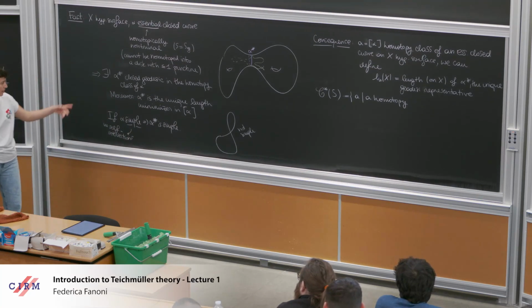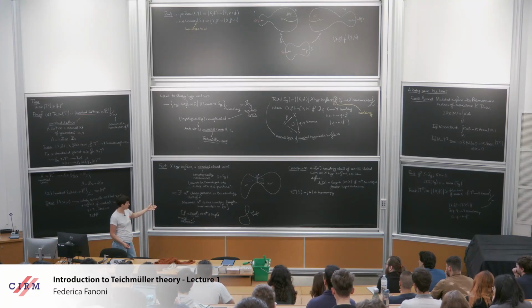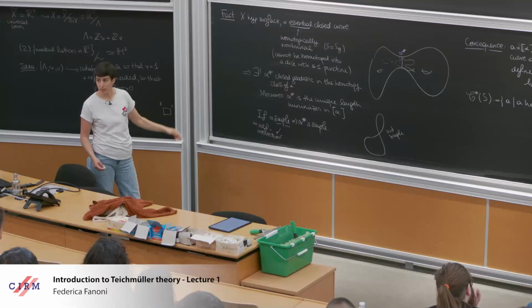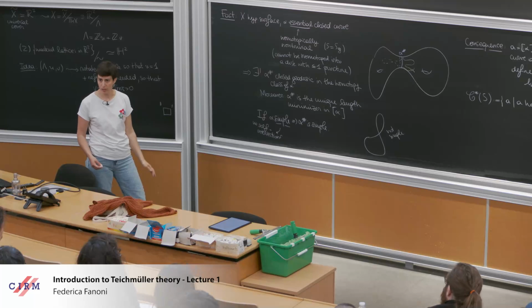What I'm saying here is that if you look at the simple case, in the homotopy class of a simple curve, you can also have non-simple curves. So geodesic representatives minimize something geometric, the length, but they are also good topologically. They minimize the number of self-intersections.